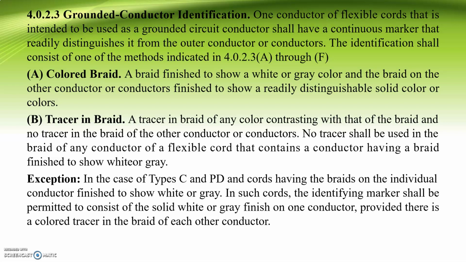Exception: in the case of types C and PD, and cords having the braids of individual conductors finished to show white or gray, the identifying marker shall be permitted to consist of the solid white or gray finish on one conductor, provided there is a colored tracer in the braid of each other conductor.